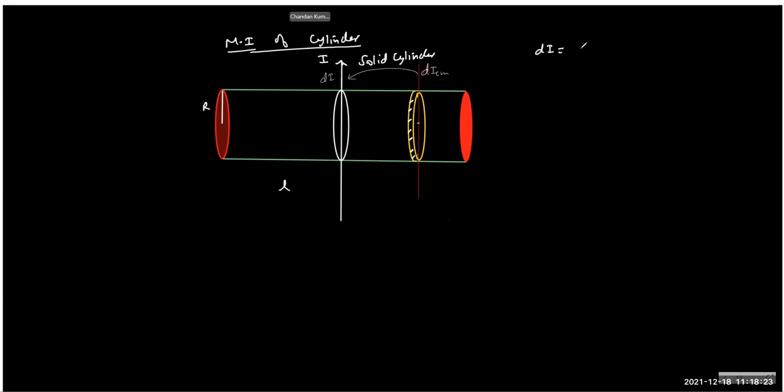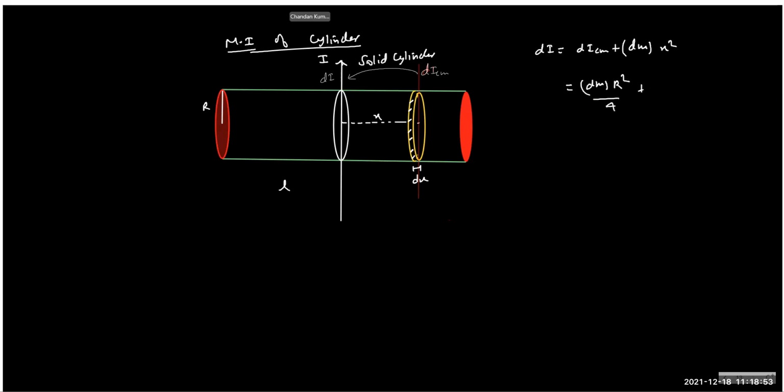So what is dI? It is dI_CM plus dm into x squared, where x is the distance at which we have cut. Now it is only a matter of integration. So what is dI_CM? If you remember, dI_CM is the moment of inertia of a disk about the diameter, which is dm times r squared by 4.